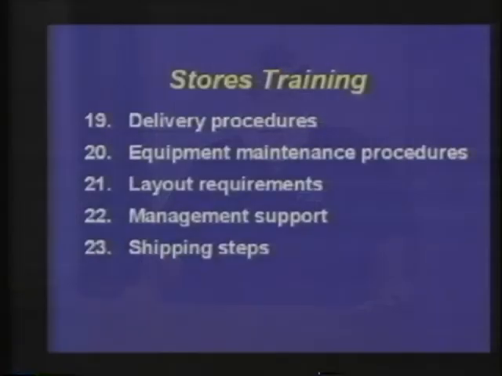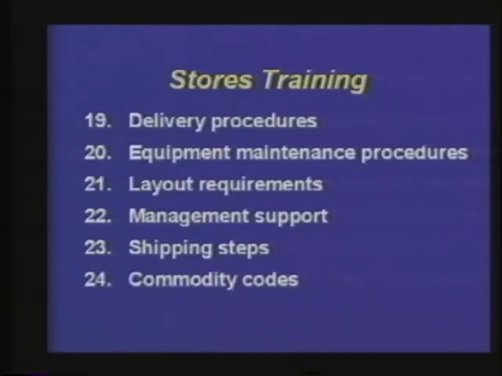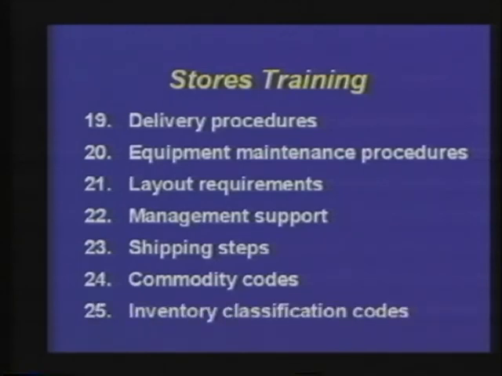And we get into 23, which is the shipping steps. 24 are the commodity codes, and 25 are the inventory classification codes. And we will continue with the various training functions, which are also recorded on page 50C.